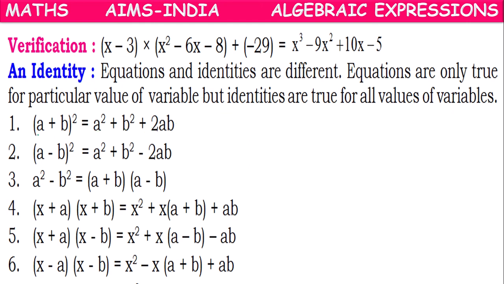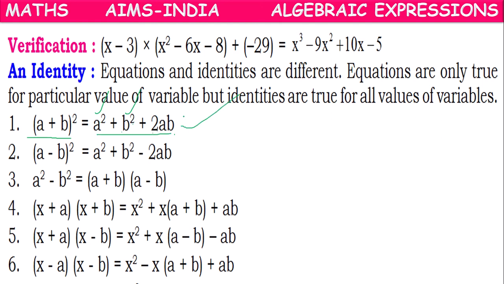These identities are very, very important, children. Throughout the mathematics subject, in any class, in any chapter, we will make use of these identities. So you have to learn these identities by heart and remember them so that it will be easy for you in solving problems. (a plus b) whole square: first term square, second term square, plus 2 into first term into second term, that is 2ab.